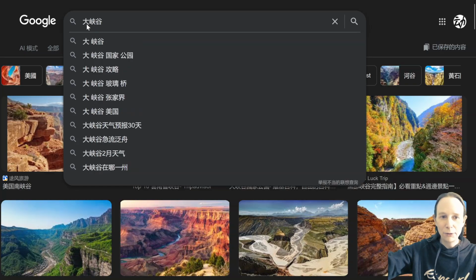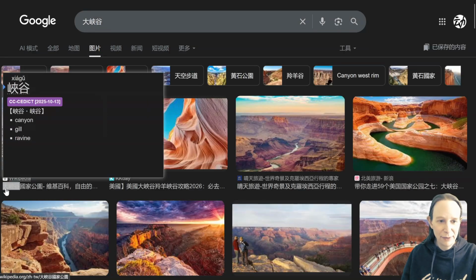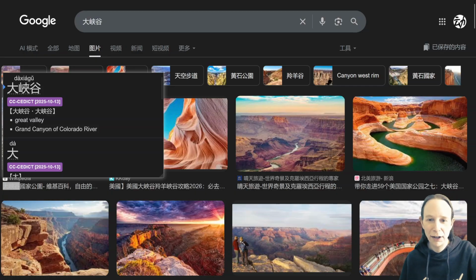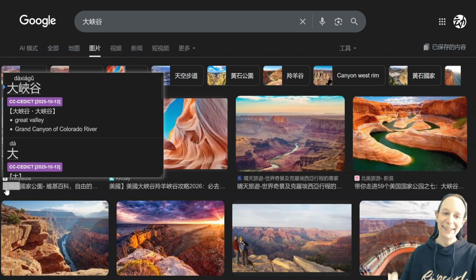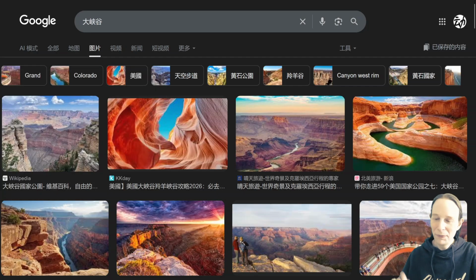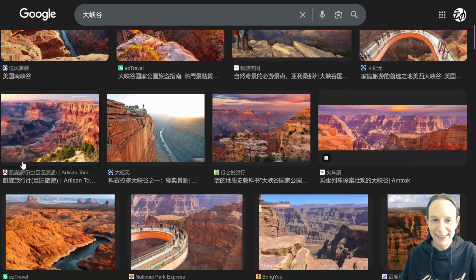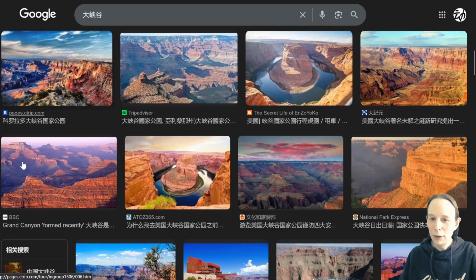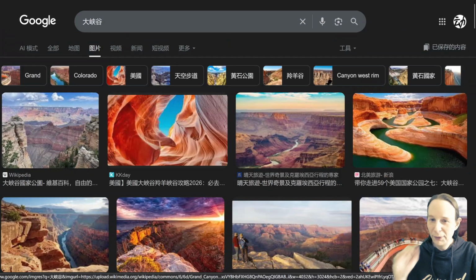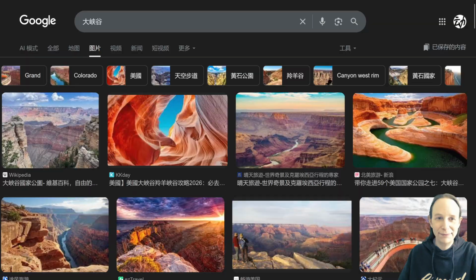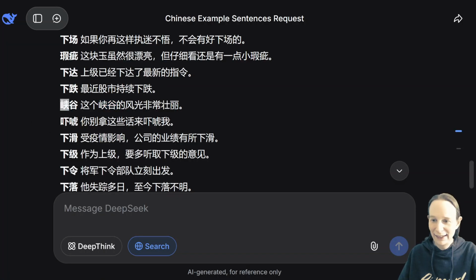It's just 大峡谷. That's what I remember. Big Canyon is the Grand Canyon of the Colorado River. Is it in Colorado? Oh, maybe I'm not sure. Okay, 峡谷. 大峡谷. Pretty big, isn't it?